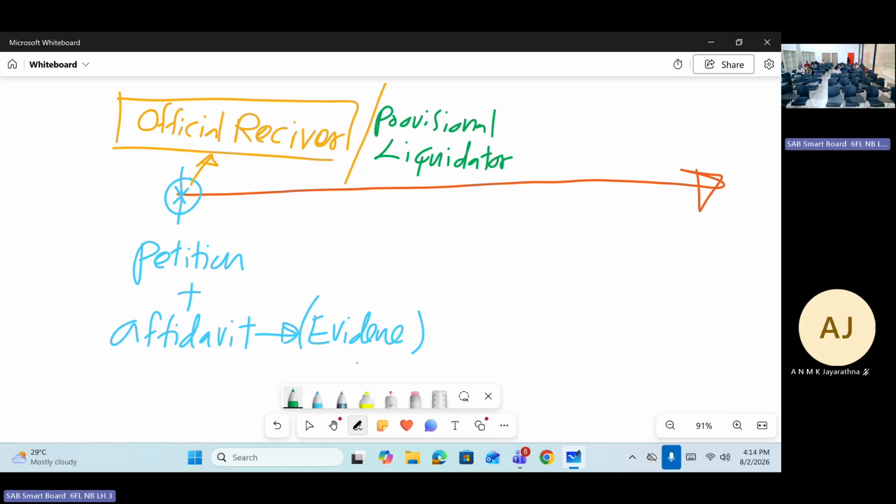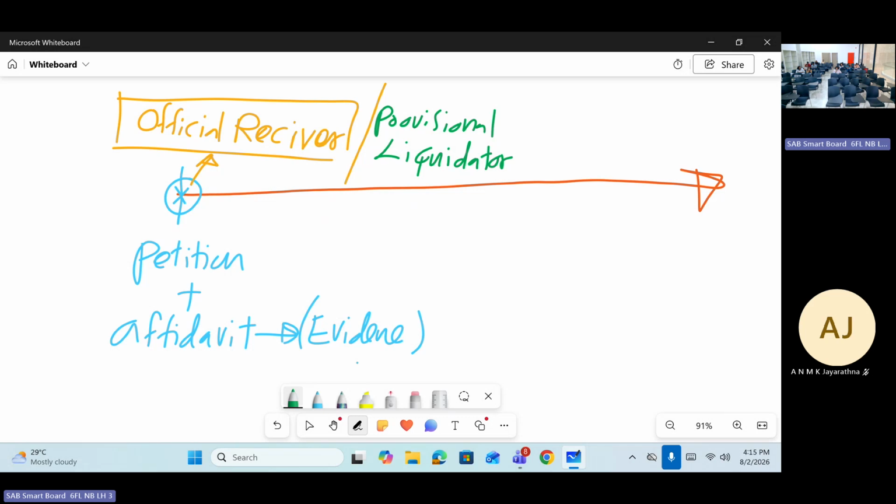What is the meaning of that? By being the official receiver, this same person will be appointed as the provisional liquidator. That is the meaning. The official receiver will be appointed as the provisional liquidator. The court has to appoint only the official receiver. The same party will be appointed as the provisional liquidator.